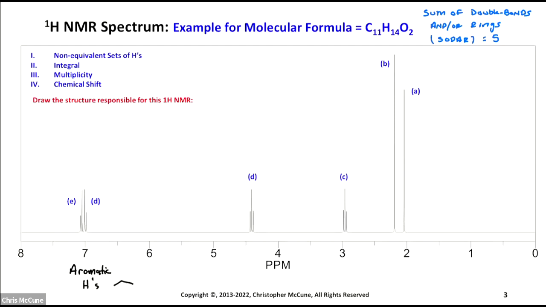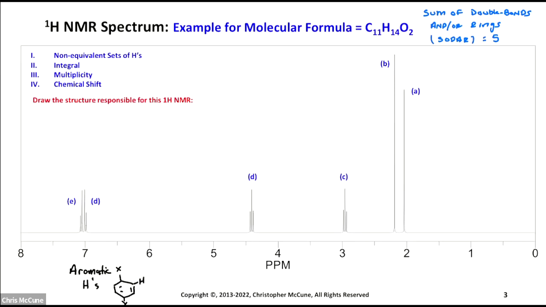So if I had a benzene ring, let's say, let's just say there was a group on there, and maybe there was another group somewhere else, I would have maybe say hydrogens showing up in that. And so these are the hydrogens we would see in the aromatic region, the ones on the ring. And so that tells me that SODAR of 4 is accounted for by just the benzene ring. And then I probably have some sort of a carbonyl or double bond somewhere else.